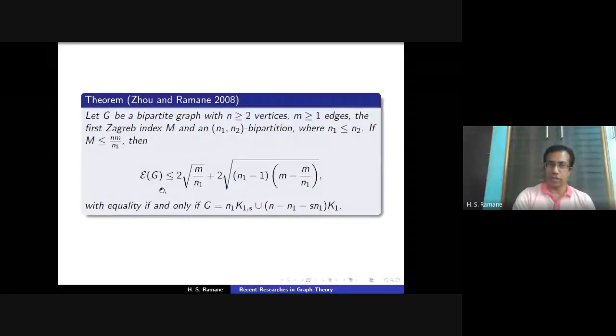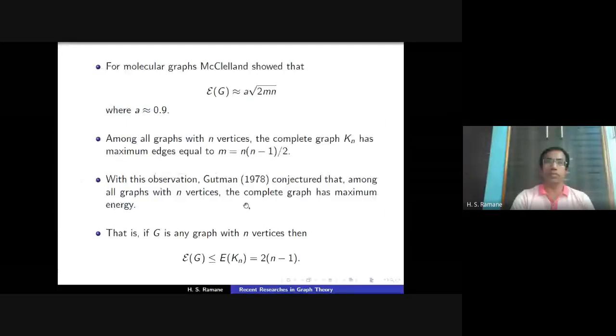So energy of G is less than or equal to 2 into square root of m by n1 plus 2 times square root of n1 minus 1 into m minus m by n1. Okay, equality holds for this graph. Okay, so there are several bounds available for the energy of a graph. Now, a molecular graph is a graph having degrees either 3 or 4 or less than 4.